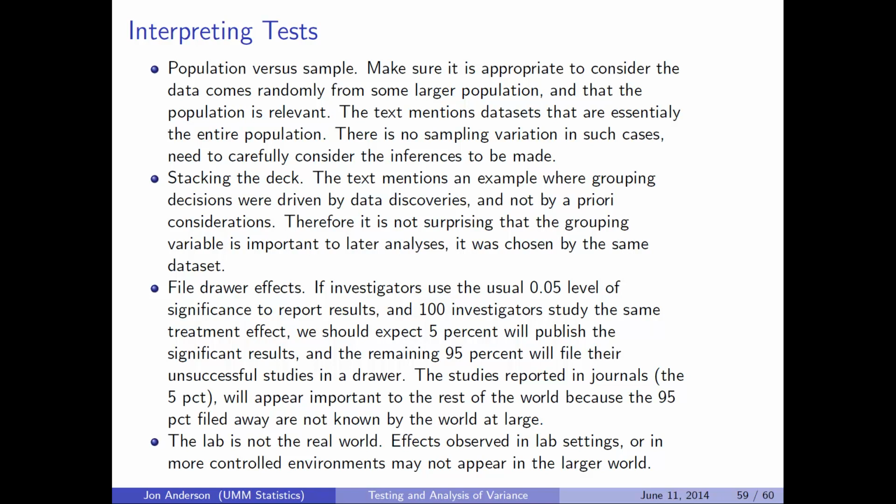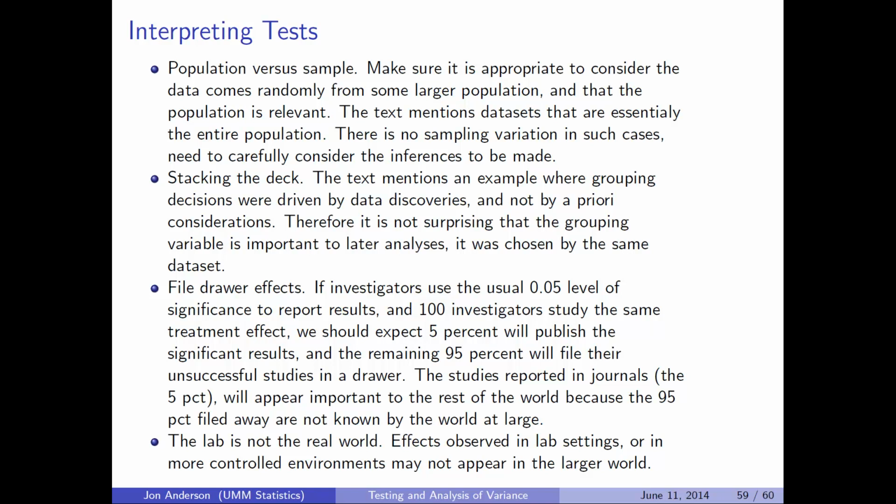And of course, if you found the groupings by looking at your data and finding a pattern that was interesting and using it to make a group, a lot of the effects that you will apparently find will be just an artifact from the grouping that you made. And so it shouldn't be surprising that that grouping would be important in later analyses if you constructed it from looking at the data.